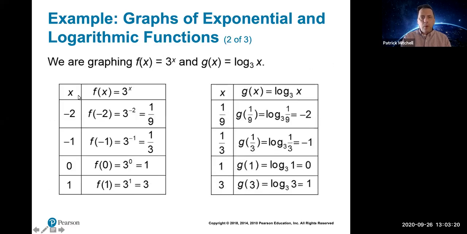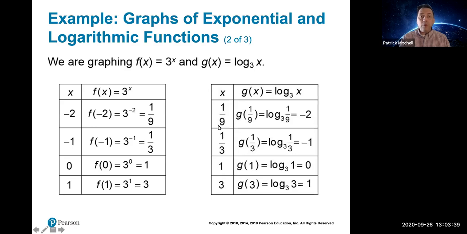So I just want to point out to you here, this table could very well be copied and pasted from section 3.1. We made this exact table in section 3.1. So these 4 points are all on the graph of f of x equals 3 to the x.